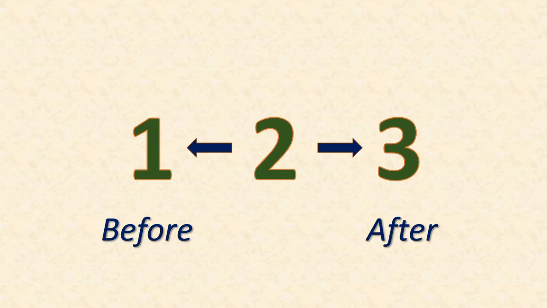Means the number to the right is always greater by 1. Remember this. Here 1 and 3 are neighboring numbers of 2. Got this? Yes. What is the meaning of neighbor? Neighbor means बाजू वाले, आस पास वाले. Okay? So before number is 1 and after number is 3 for number 2.